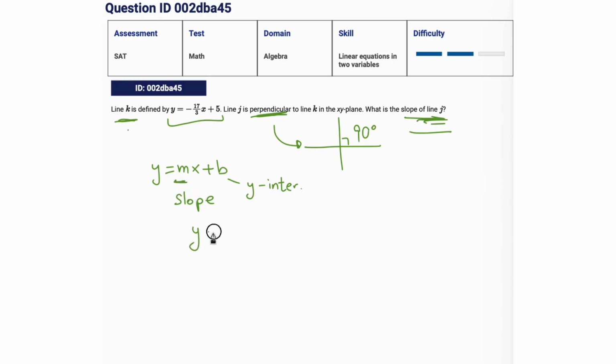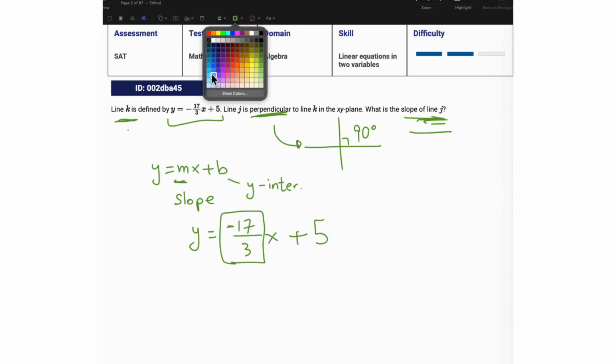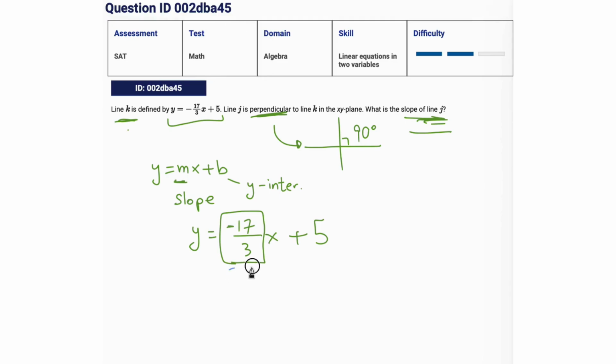So here we have been given the equation of line K, right? Negative 17 over 3 x plus 5. Here m is multiplying with x, so this is the slope.